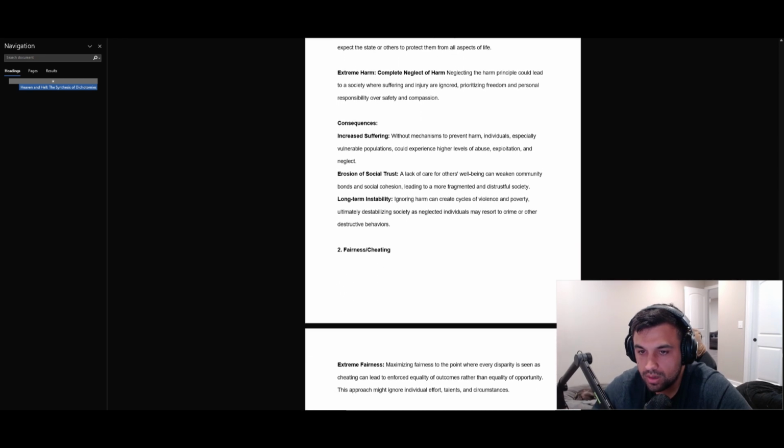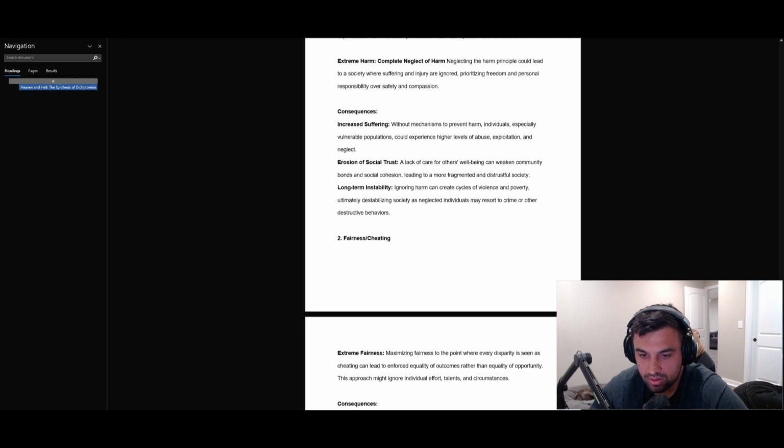So consequences: without mechanisms to prevent harm, individuals, especially vulnerable people, could experience higher levels of abuse, exploitation, neglect, erosion of societal trust. A lack of care for others' well-being may weaken the community bonds and social cohesion, lead to a more fragmented and distrustful society. Long-term instability: ignoring harm can create cycles of violence and poverty, ultimately destabilizing society and neglecting individuals that may resort to crime or other destructive behaviors.